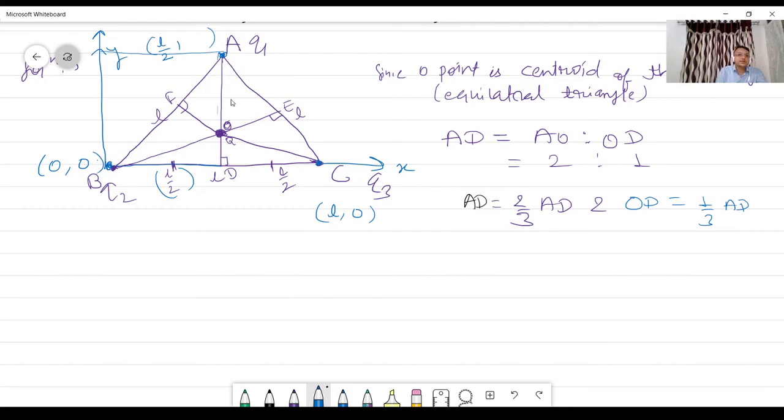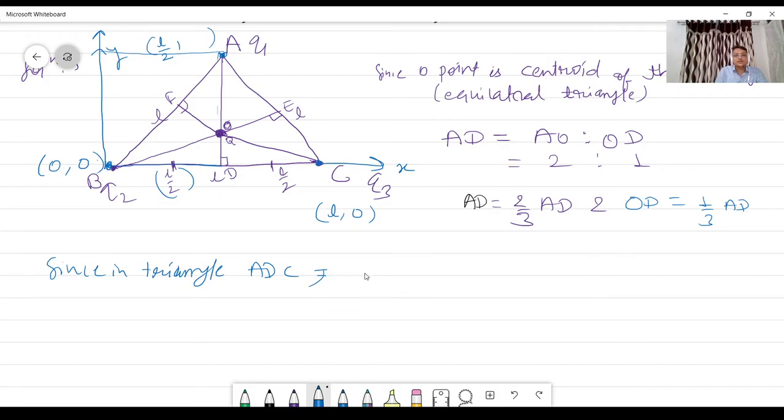So the height, the distance from the x-axis, is actually AD, which we need to find. For finding this AD, we can use triangle ADC.